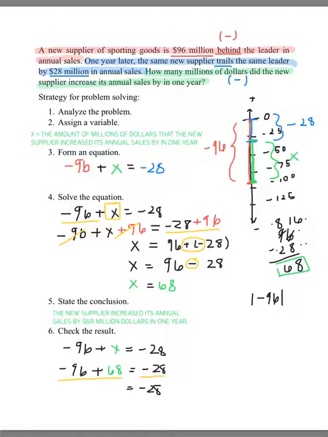So negative 96 is 96 units away from 0, so the absolute value of negative 96 is 96. And then also the absolute value of 68 is going to be 68, since 68 is 68 units away from 0.